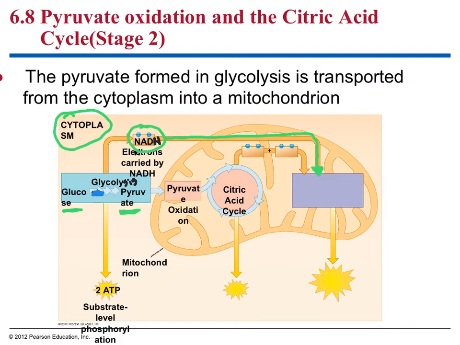They're not immediately used in glycolysis. Here's a representation of the two ATP that are produced. And then also you see the pyruvate right here. That pyruvate gets sent into the mitochondrion. So now you have the products of glycolysis being sent into the mitochondrion, and they're going to be used in the citric acid cycle.